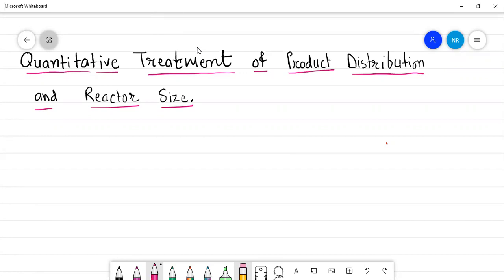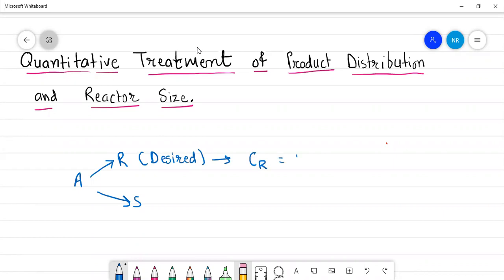For example, say A gives R and S, and R is my desired product. So the ultimate goal of this theory for the quantitative treatment of product distribution is to find out the concentration of the desired product.